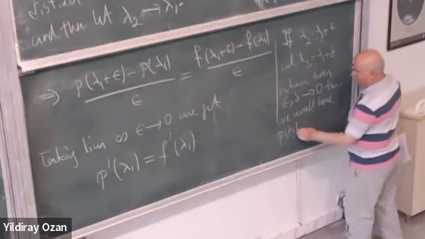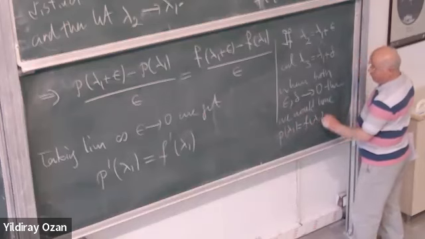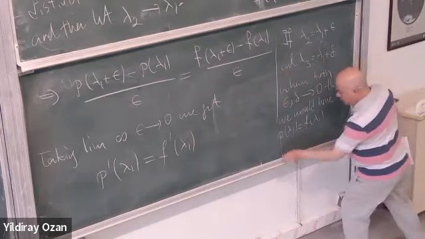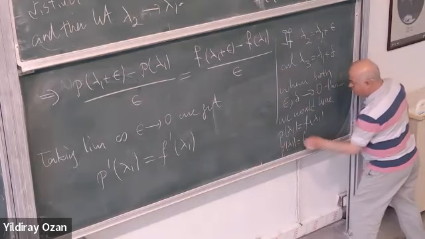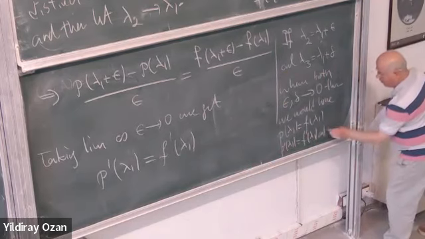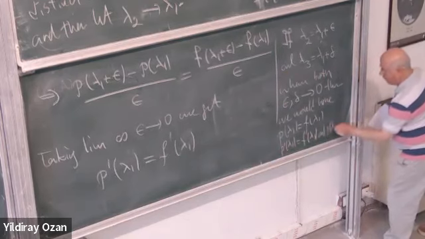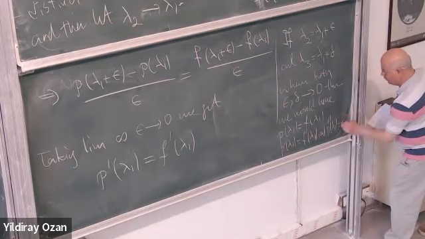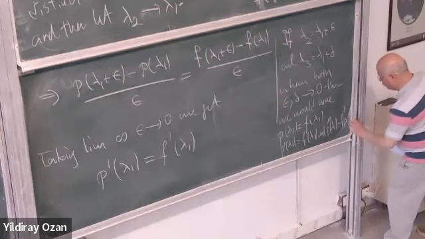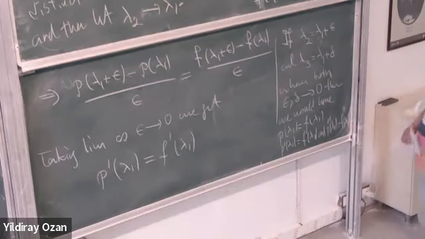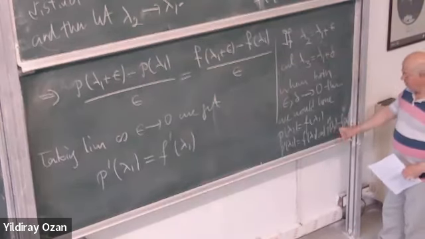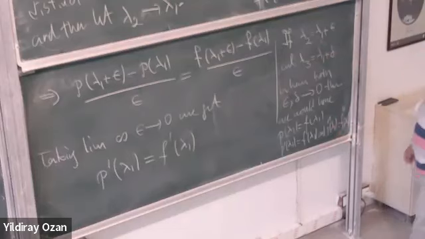T of lambda 1 equals f of lambda 1, of course. And then T prime of lambda 1 equals f prime of lambda 1. And the second derivative of T at lambda 1 would be just the second derivative of f. So if we have 3 roots approaching 1 root, then we would have this relation.